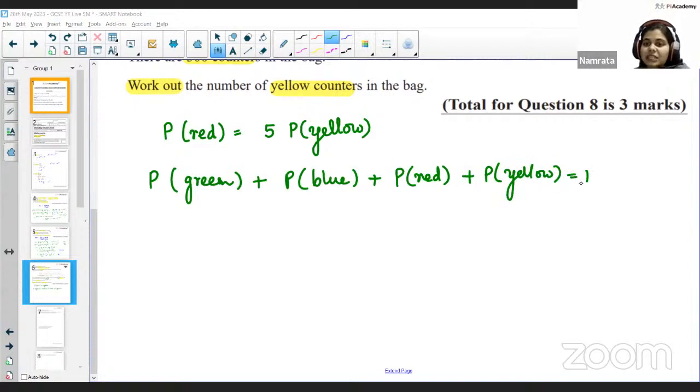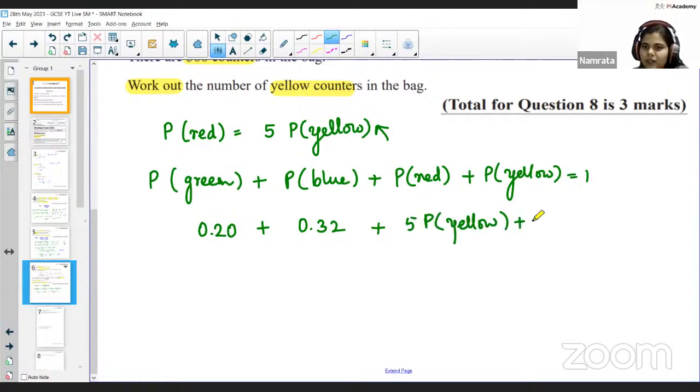So based on the table that has been given to us, probability of green is 0.20, blue is 0.32, probability of red using this info is 5 times probability of yellow. So I'll write that down, 5 times probability of yellow, and probability of yellow as it is equals 1.